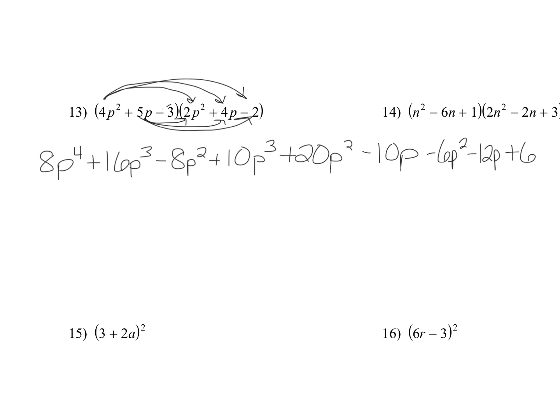Now can we start combining like terms? Yes. Check with your highest degree first. Does it have a like term? Nope, so I'm just going to rewrite our 8p to the 4th. 16p to the 3rd, what's its like term? 10p to the 3rd, so we get 26p to the 3rd. Next one, 8p squared goes with... Yes, what do you get when you combine those?